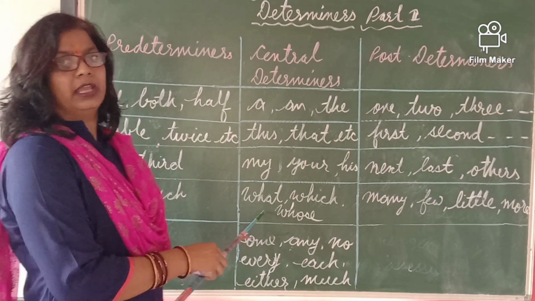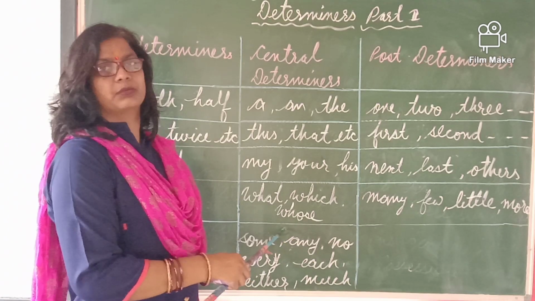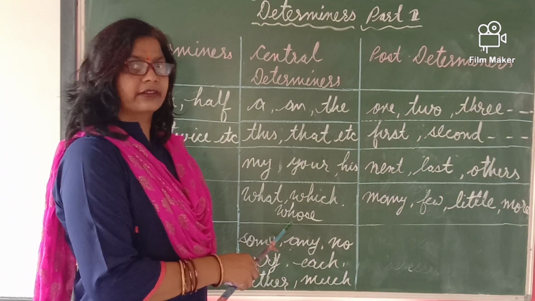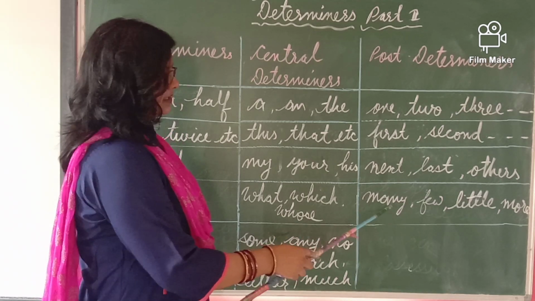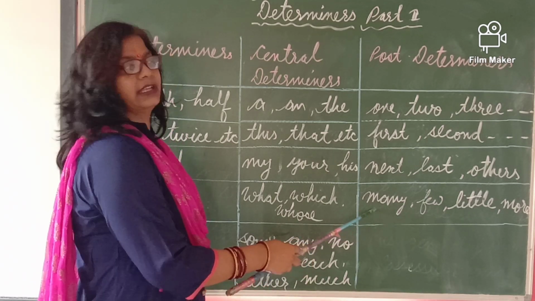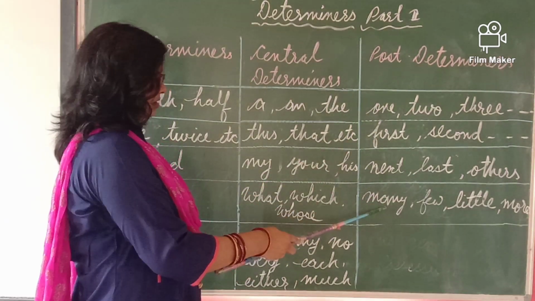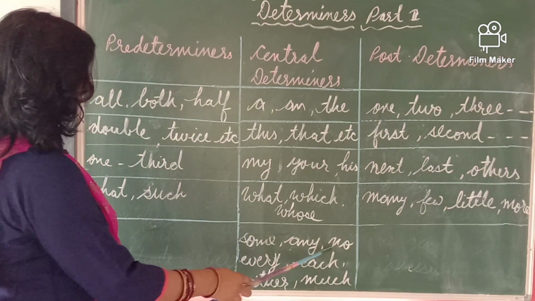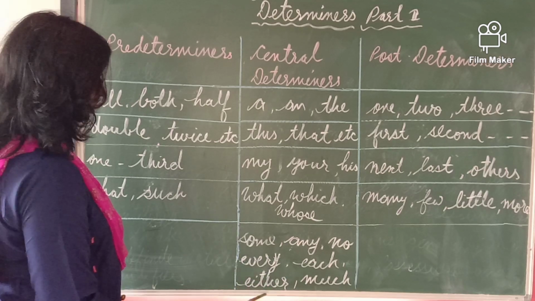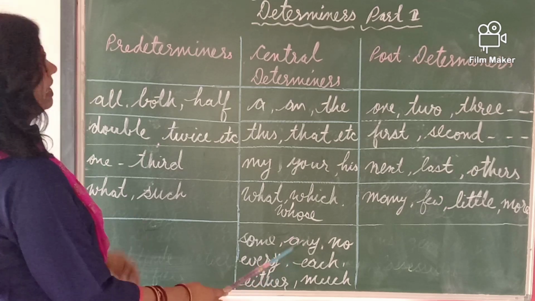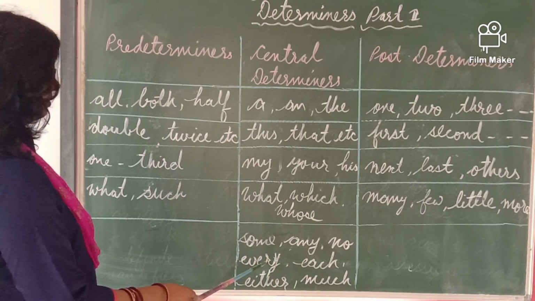These are the interrogative pronouns, interrogative determiners. They will be under central determiners. Many, few, little, more. These are quantifiers and will be written under the post determiners. Some, any, no, every, each, either, much. These are also quantifiers and will be written in the center.